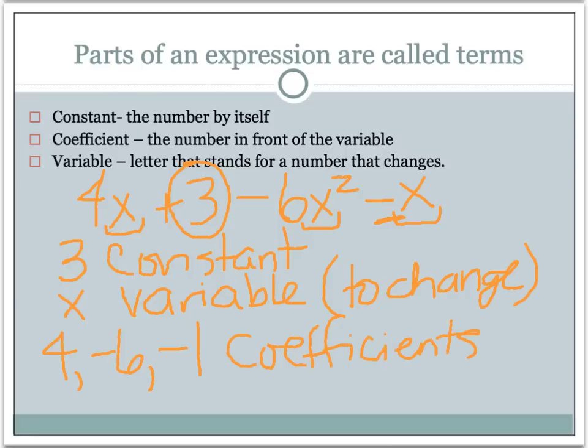Okay, so examples. Let's take a look at an expression, 3x squared plus 2x plus 4. So first of all, this expression has 3 terms. There's 1 term, 2 terms, 3 terms. So there are 3 terms.